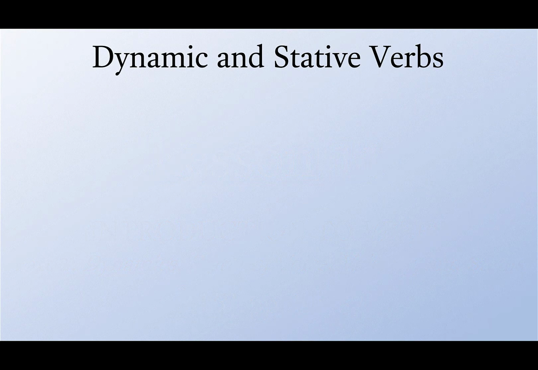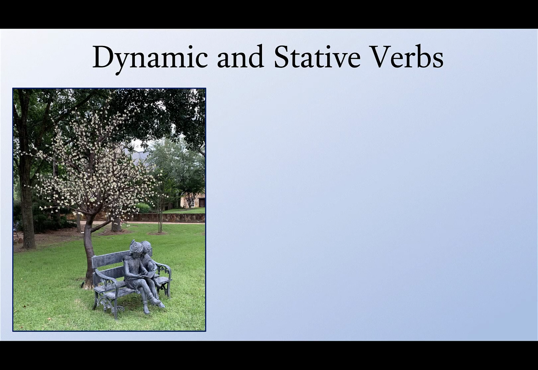Dynamic and stative verbs. Some reference materials might call dynamic verbs fientive verbs, but I think dynamic is perhaps an easier word to remember. Let's consider this picture. What the figures in the picture are doing, that statue there.